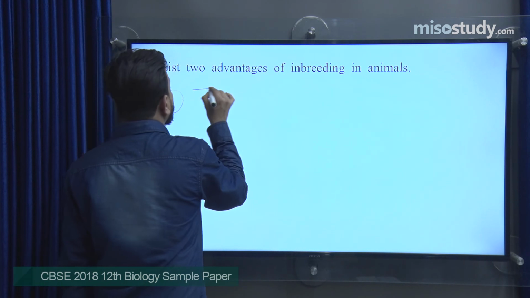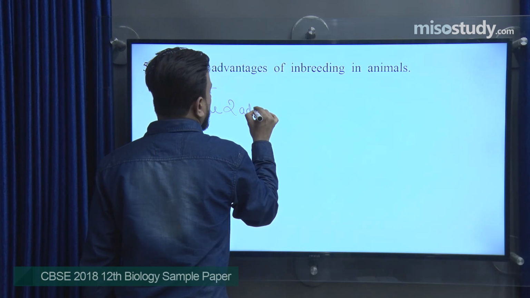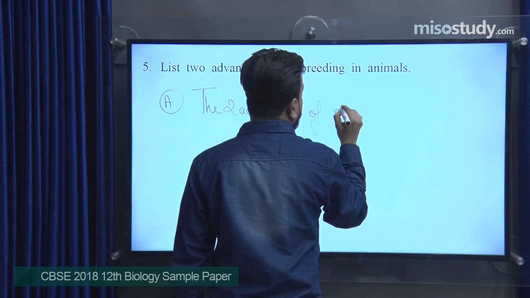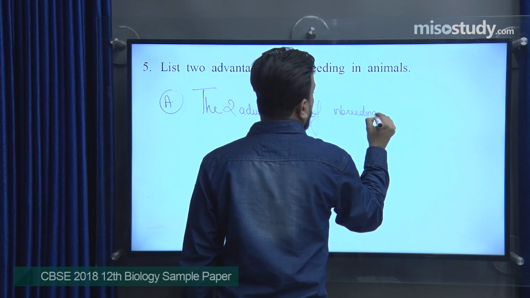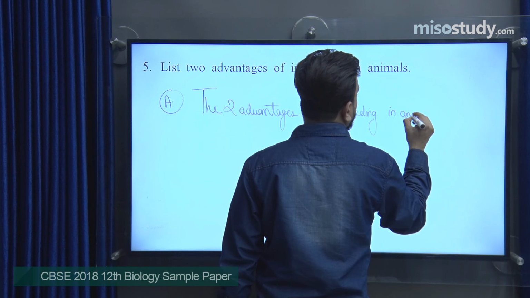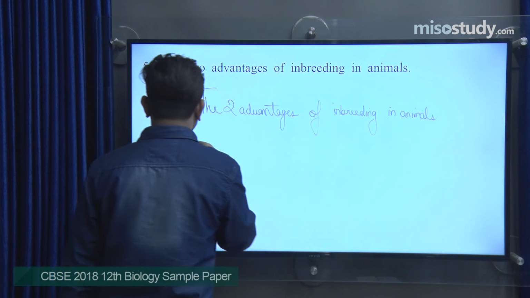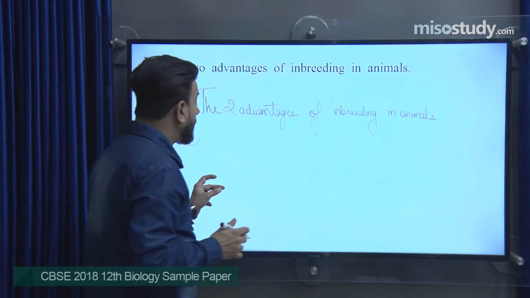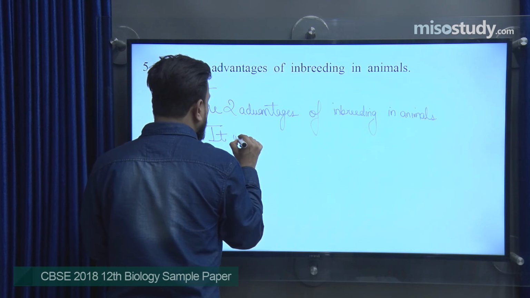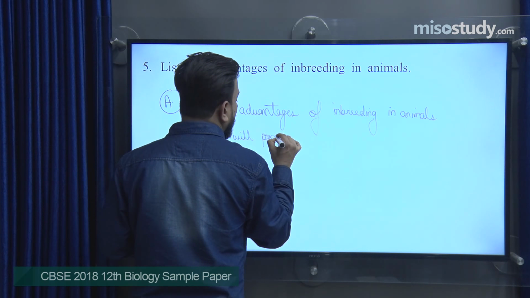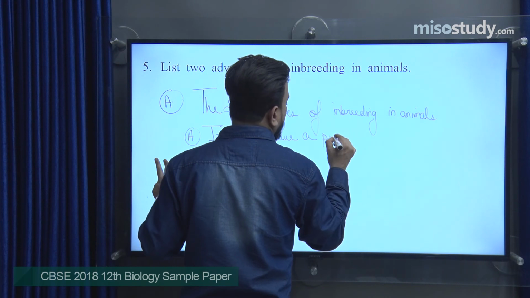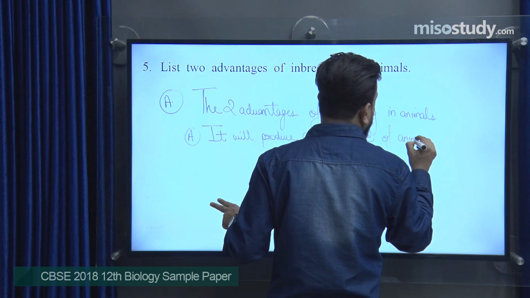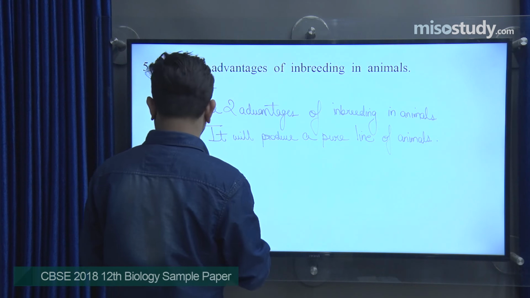So the 2 advantages of inbreeding in animals will be, the first one, it will produce a pure line of animals.